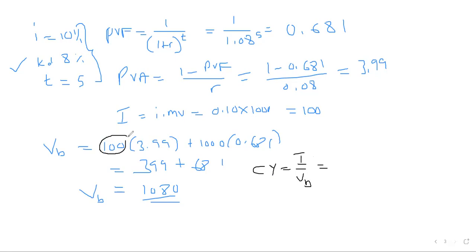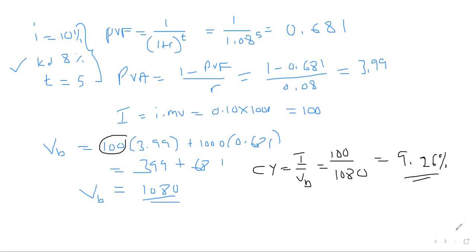This guy, 100. 100 over 1080. What do we get? 9.26%. So this is how we calculated our current yield. Is that clear?